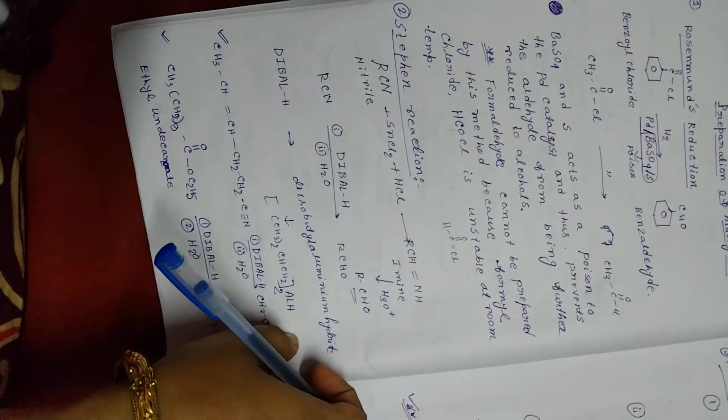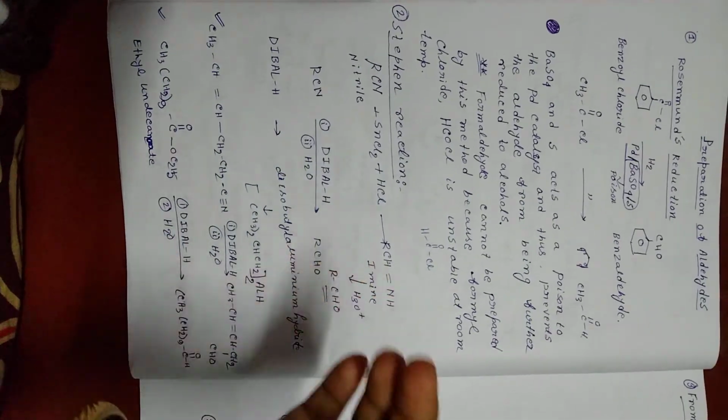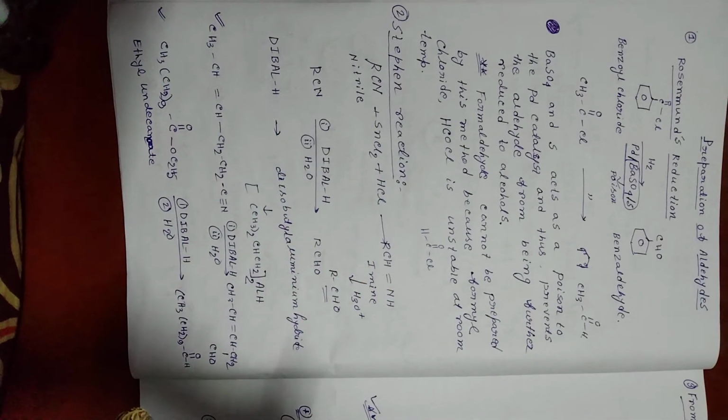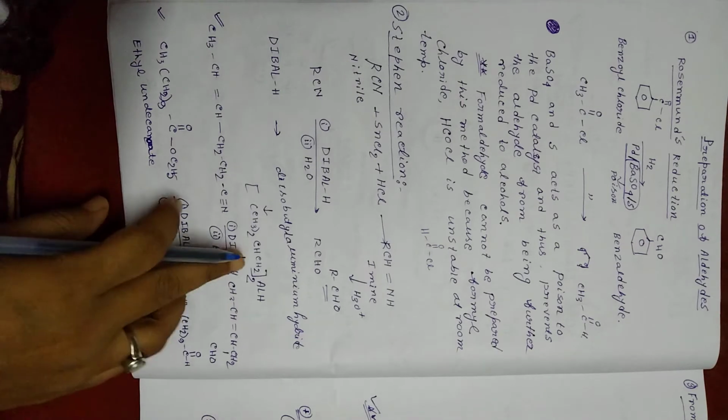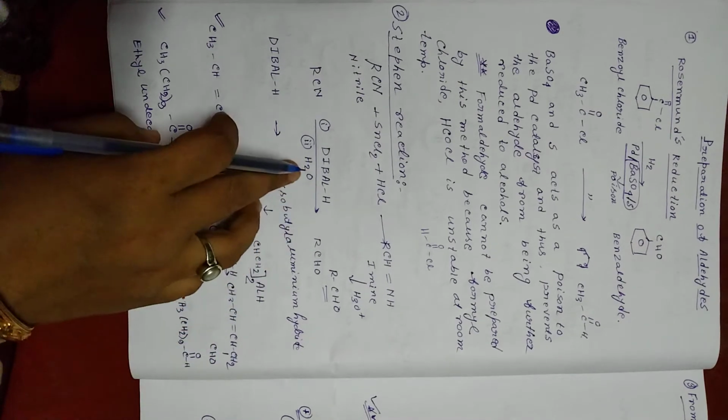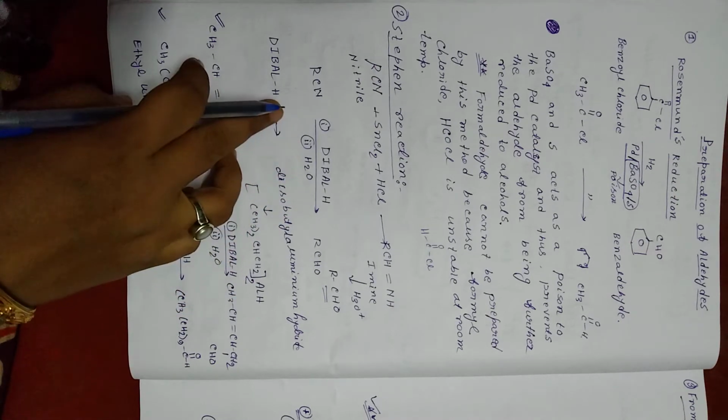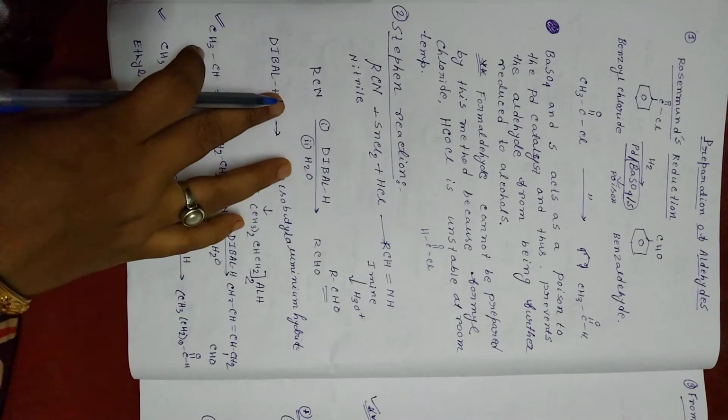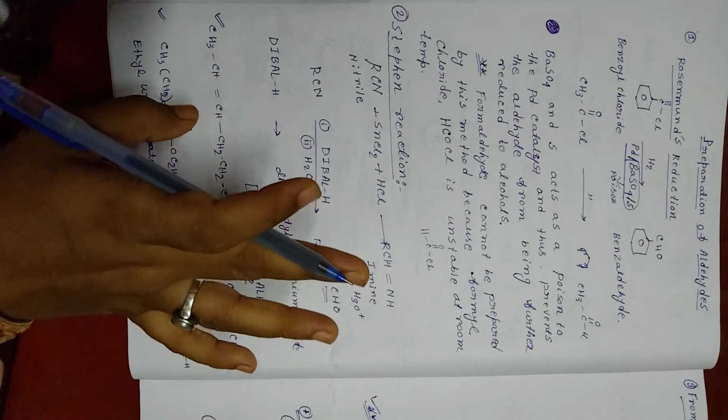Another reducing agent we use for the reduction of nitrile into aldehyde is DIBAL-H. Actually DIBAL-H is diisobutyl aluminium hydride. After hydrolysis we can get aldehyde from nitriles by using DIBAL-H.